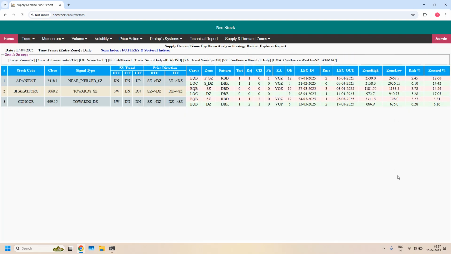So in these 3 stocks, the daily supply zones are overlapped with weekly supply zones, and that weekly supply zone has EMA confluence. So this is LTF and ITF supply zone confluence and ITF EMA confluence with the supply zone.